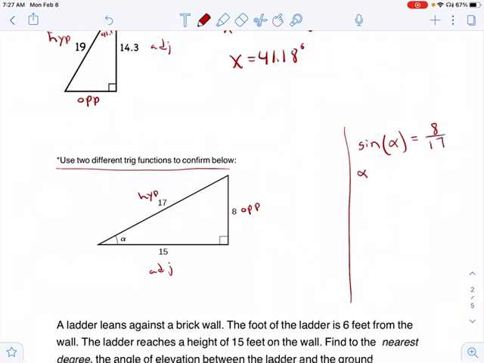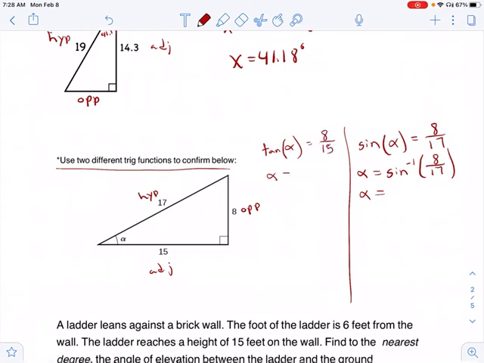Then if I take inverse sine of both sides, I will be able to figure out what that angle is. And since we haven't done tangent, I'm also going to figure out that tangent of that angle, which should be 8/15.